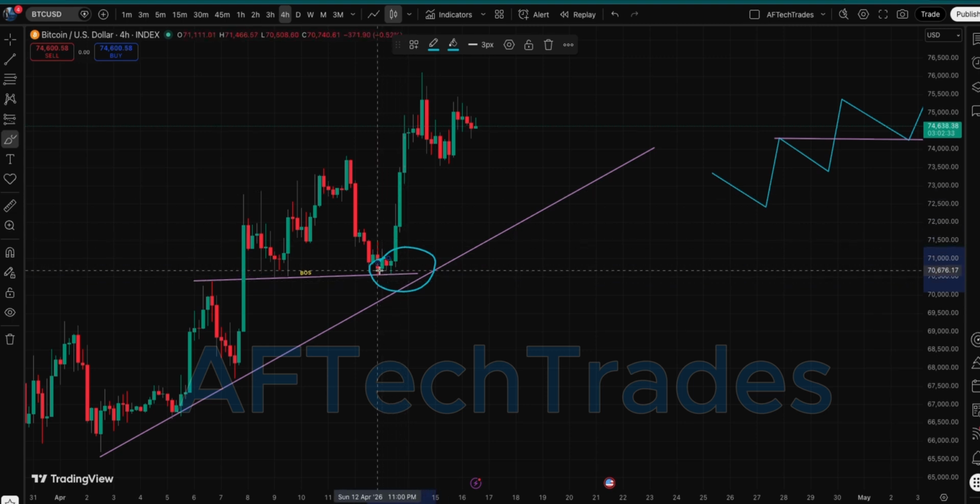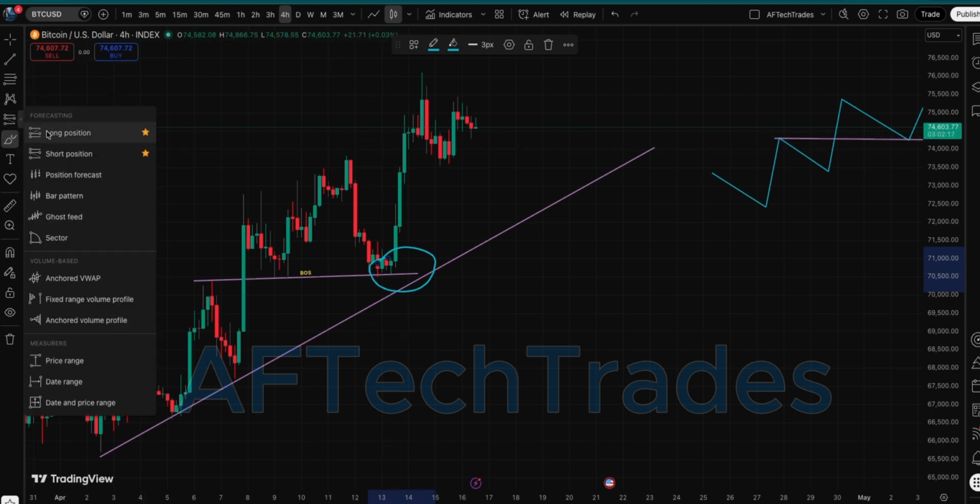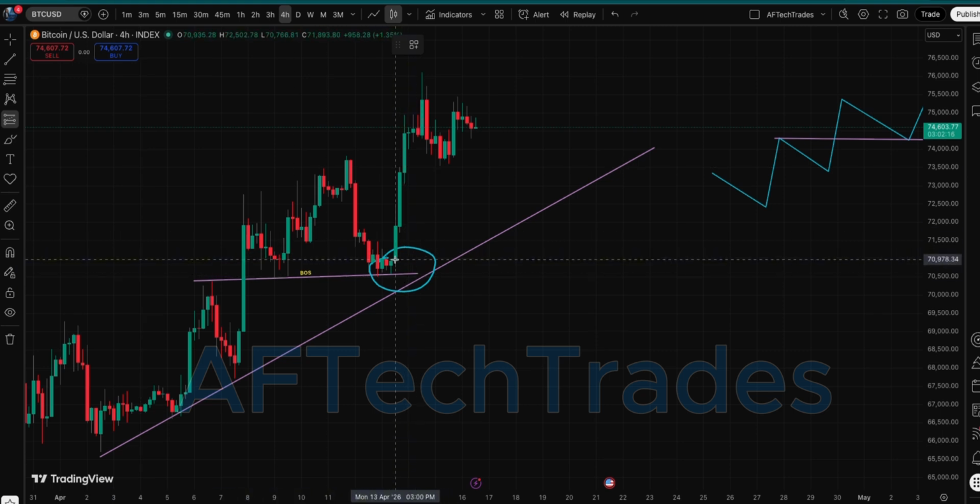So now you don't immediately enter this trade just like that. You have to use some signs like maybe the engulfing candlestick or a pullback candle to enter the trade. And you can see how this trade went well.